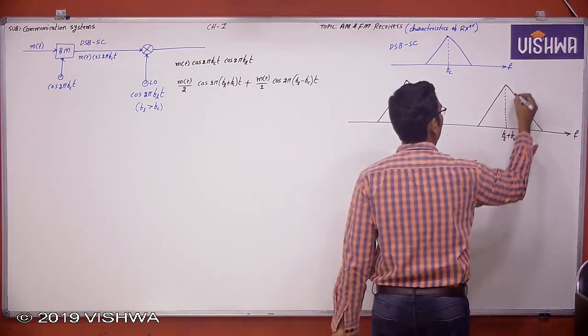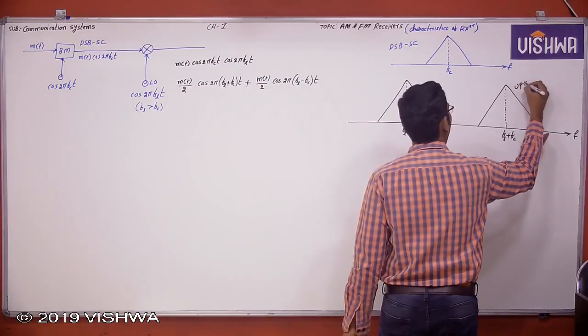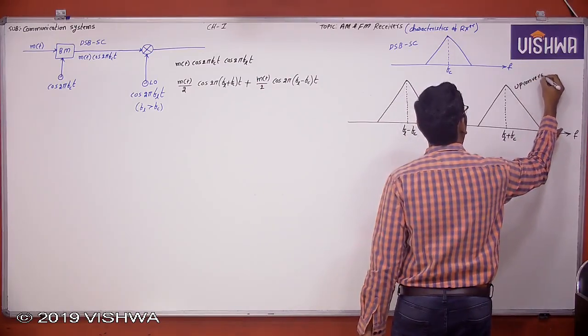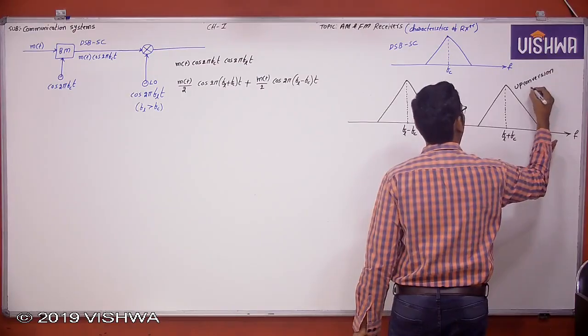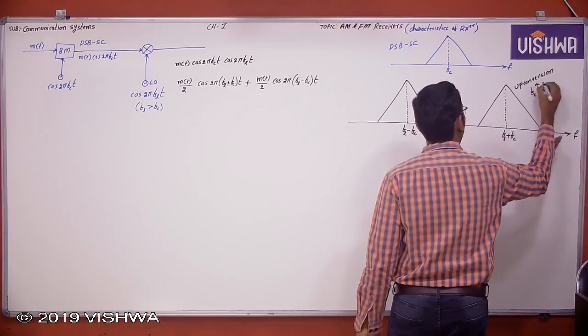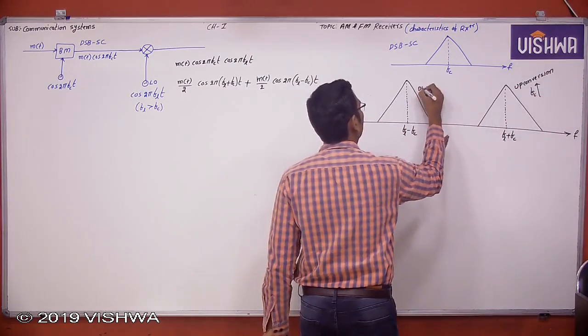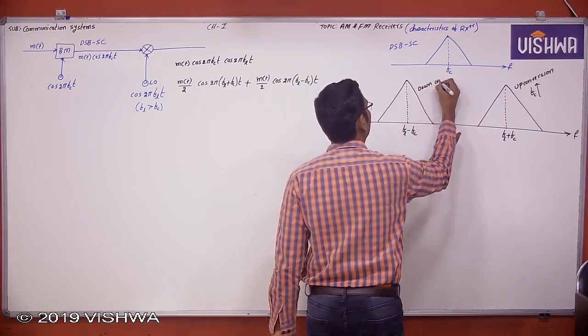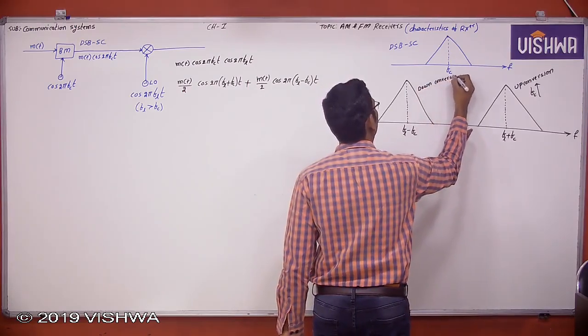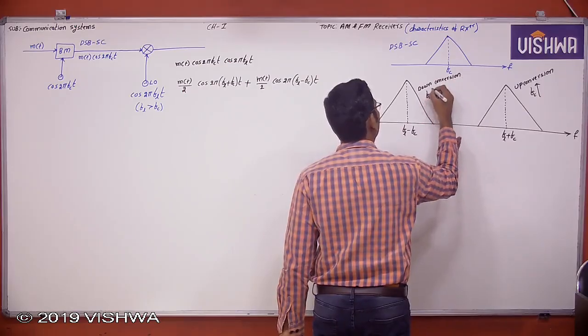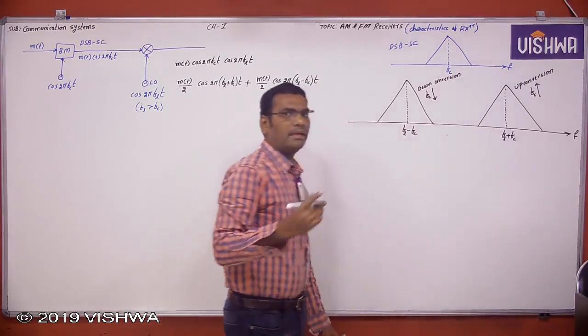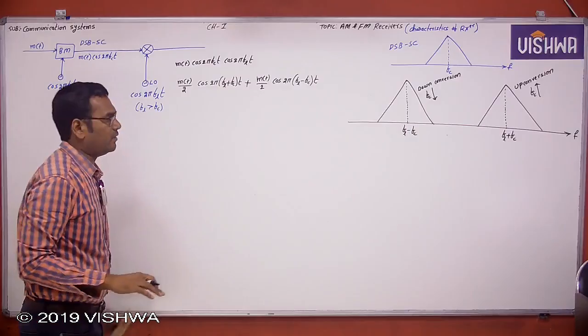This is up conversion, where the carrier frequency is increased. This is down conversion, where the carrier frequency is decreased. So I can increase the carrier frequency or I can decrease the carrier frequency.